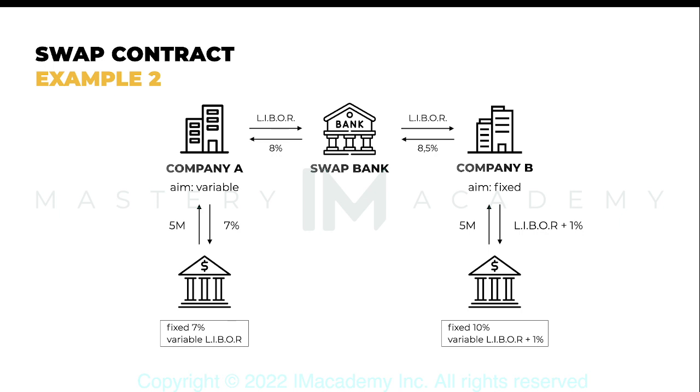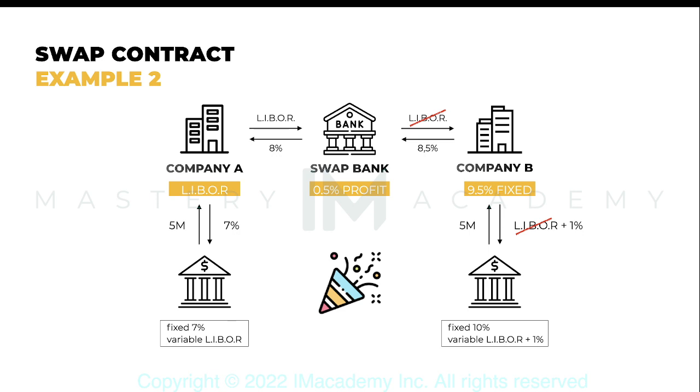Basically, LIBOR cancels mathematically, because whatever LIBOR comes in, it goes out, leaving plus 1%. So what is company B effectively paying on its original 5 million loan from bank B? It's 8.5% plus 1%, and that's 9.5% fixed.